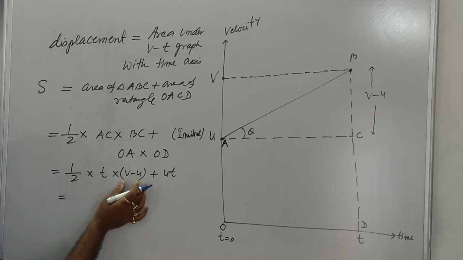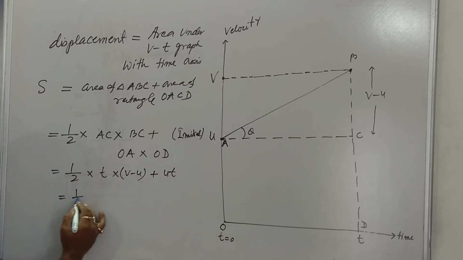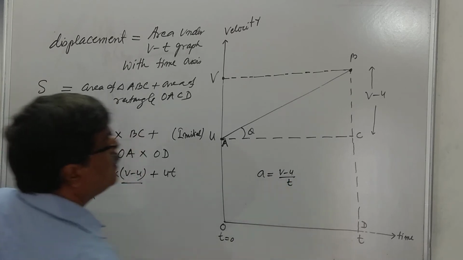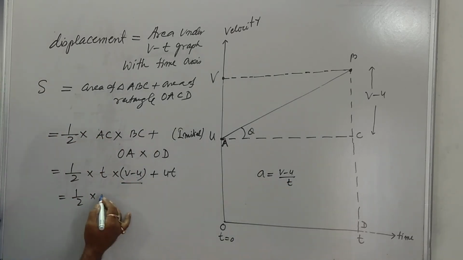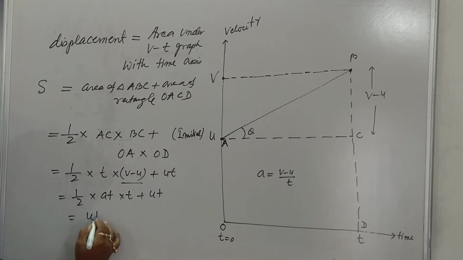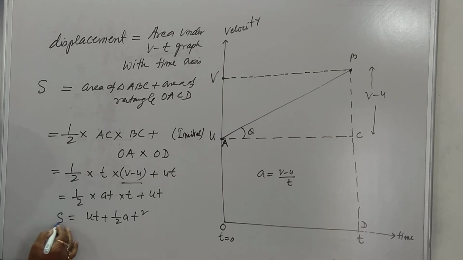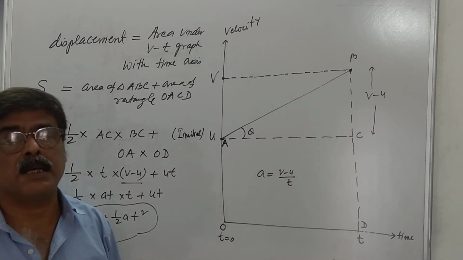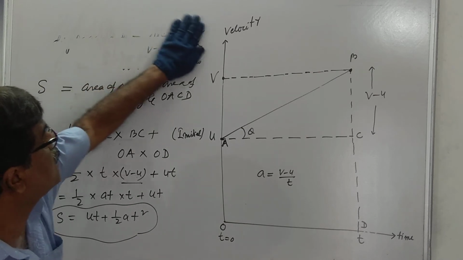Now, half into (v minus u), what does it represent? You know that a is equal to (v minus u) by t. So v minus u represents at. Half at into t, plus ut. And the final result becomes s equals ut plus half at square. This relation is known as the displacement time relation.